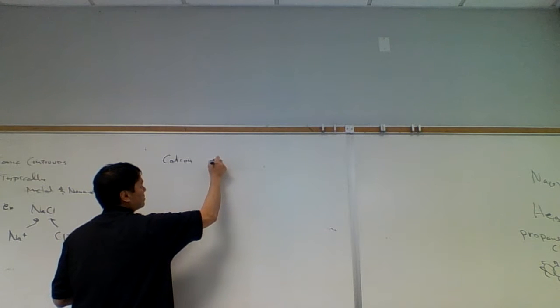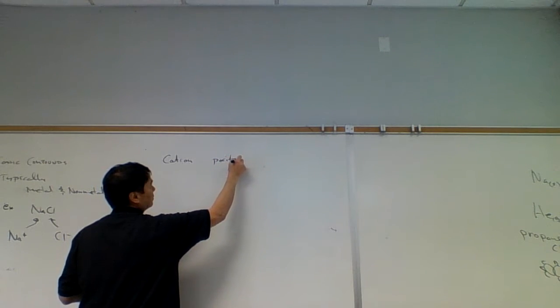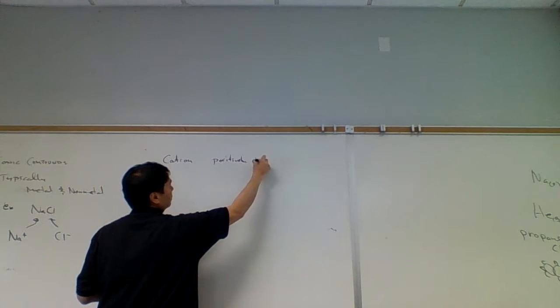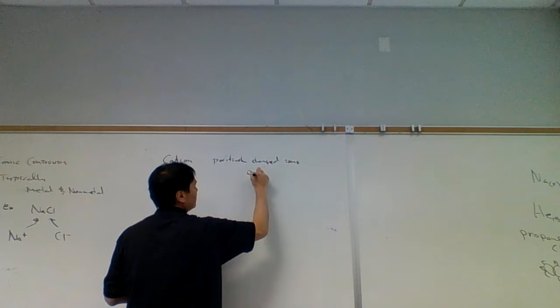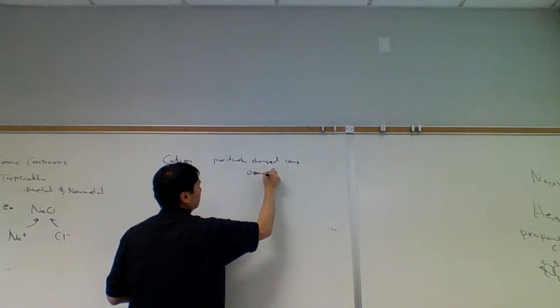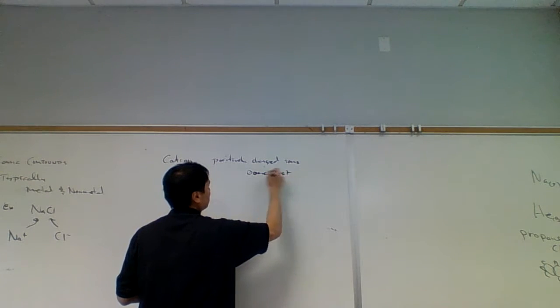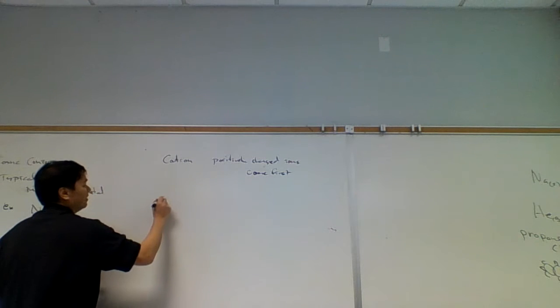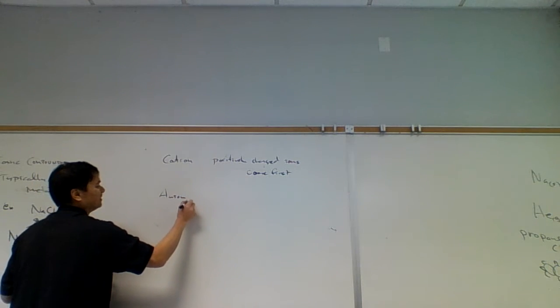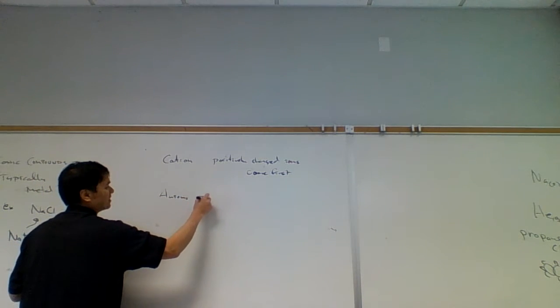Cations are the positively charged ions. These come first. And then the anions follow.